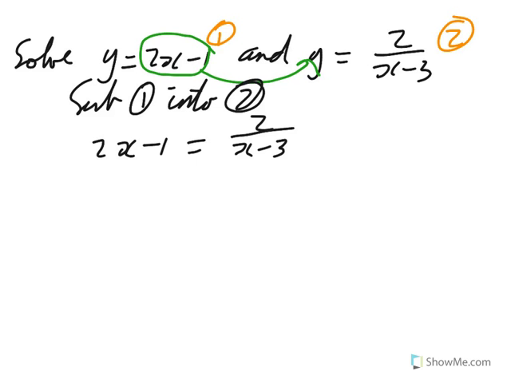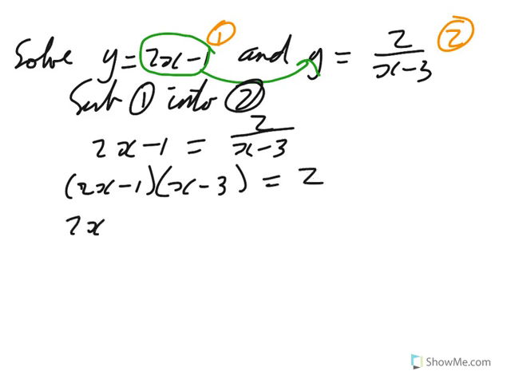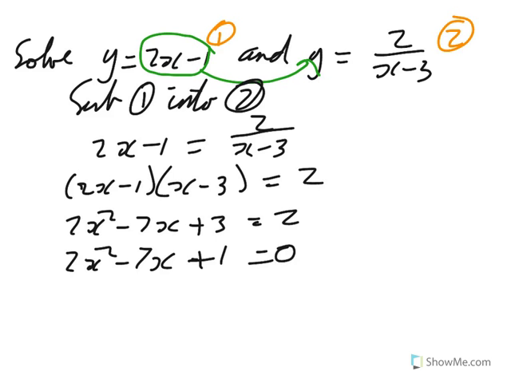We'll then start our rearrangement bit, so (2x minus 1)(x minus 3) equals 2. Expand it out, so you get 2x squared minus 6x minus x plus 3 equals 2. Take 2 away: 2x squared minus 7x plus 1 equals 0.